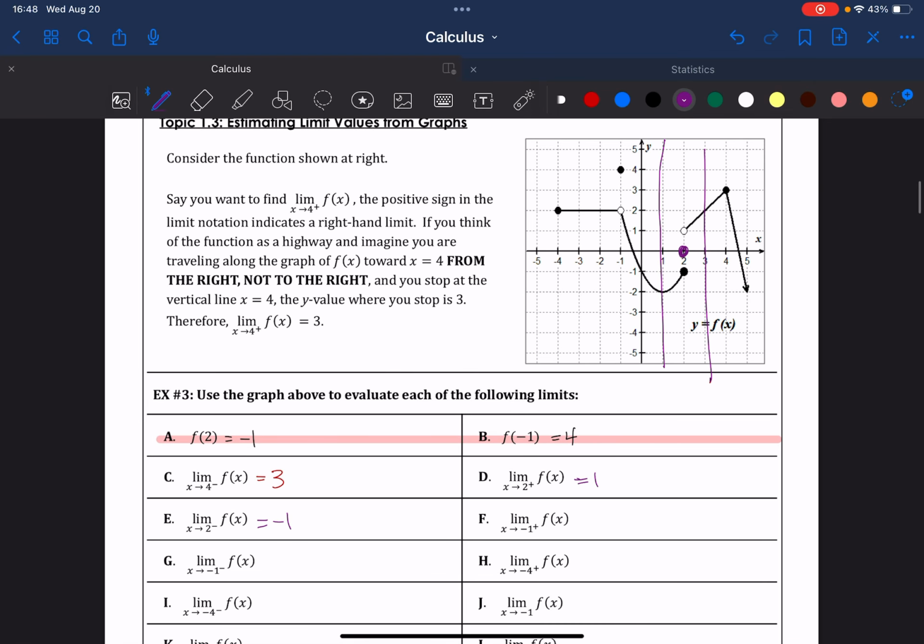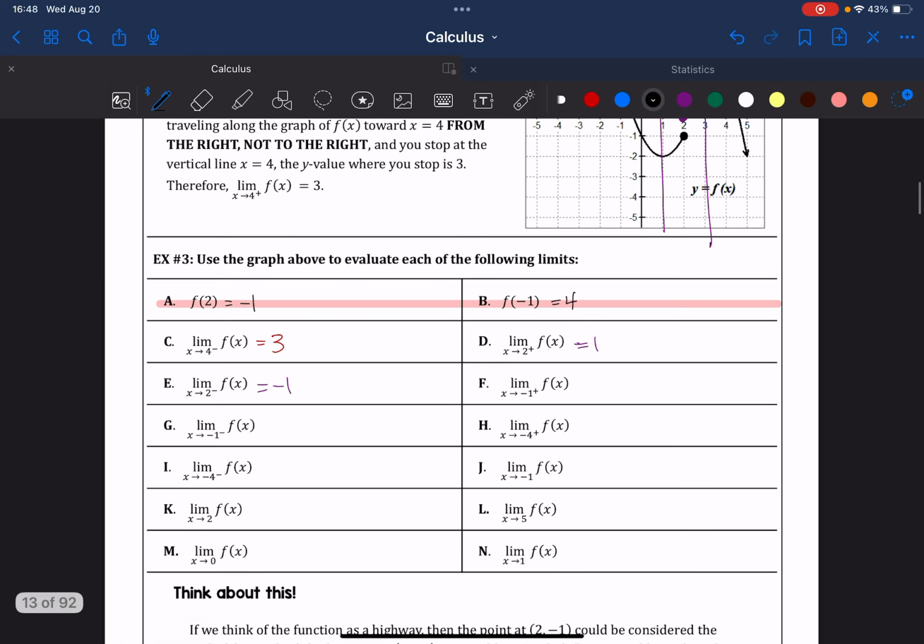So what I would do is I would pause it, try to answer the rest, and then unpause it, and I will give you the answers to check your work. Okay, so you should have got, filling in the left side first, 2, does not exist, does not exist, -1, 2, 2, 2, -2, -2.